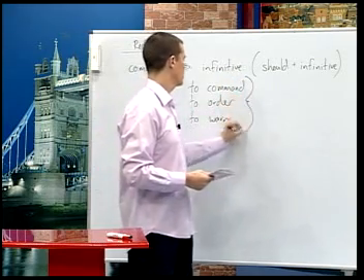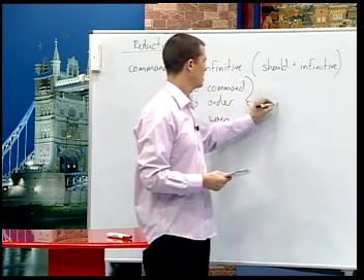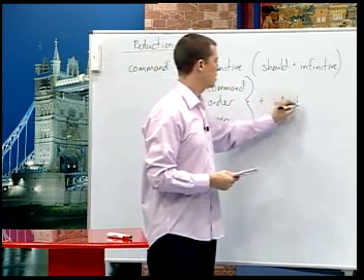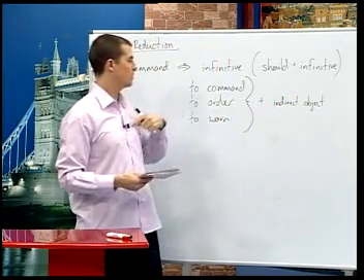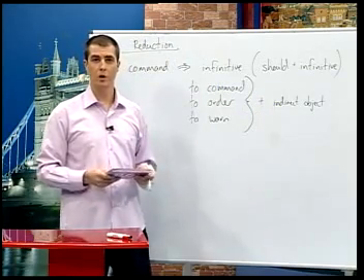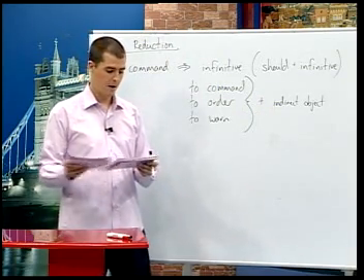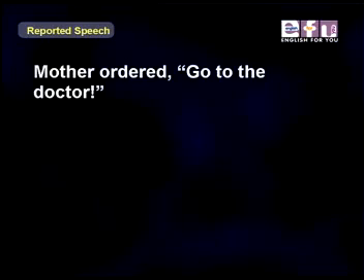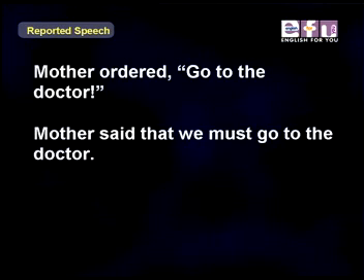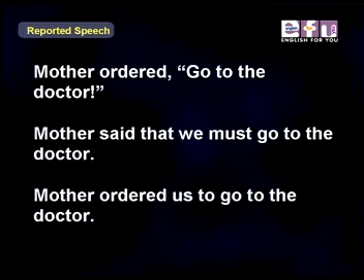To command, to order, to tell, plus an indirect object. For example, to command me, or to command him, or to order her, or to order them. Okay, have a look at these examples. Mother ordered, go to the doctor. Mother said that we must go to the doctor. Mother ordered us to go to the doctor.